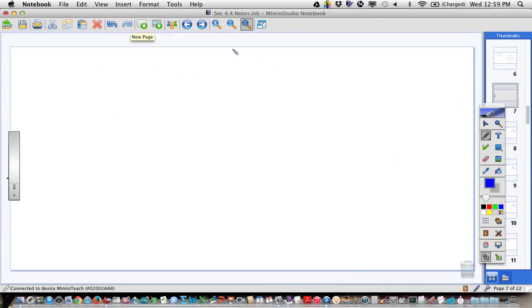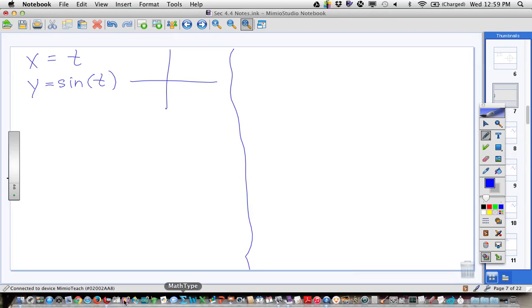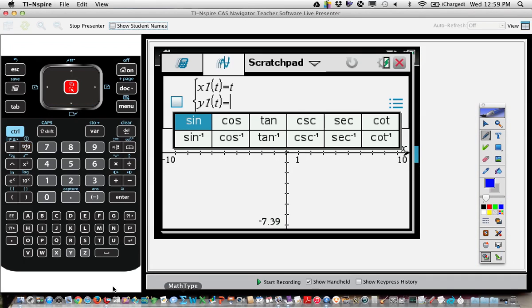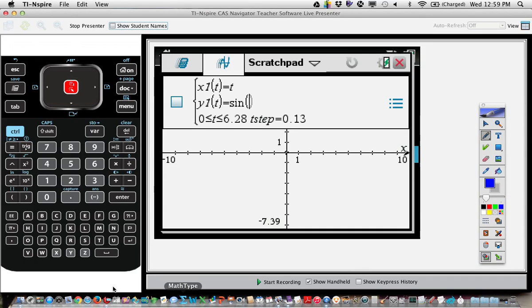Okay, we're going to do two different ones. The first one I want you to do is x equals t and y equals sine of t. Okay, so let's do that. Let's just leave it the way it is.